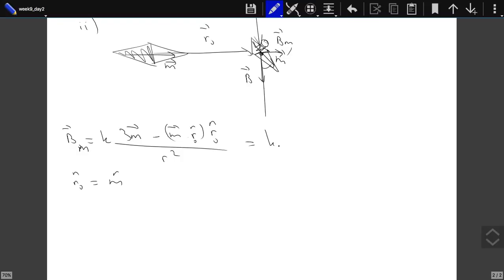So this is equal to K times 3M minus M times M hat divided by R0 squared. So this is 2MK over R0 squared, where M is nothing but M in the M hat direction.